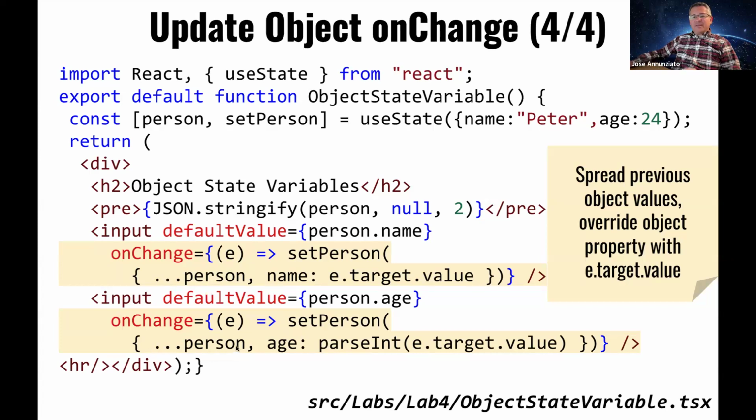We are copying the old person, with the old age, with the old name, and then we're going to override the age by taking the value of the input field, whatever new age they type. We're going to make sure that is an integer. We're going to parse it as an integer so that we can then copy it and keep track of it in our own state variable. And so our state variable is basically the collection of the properties that are being manipulated in each individual input field, drop down or check boxes and whatnot.